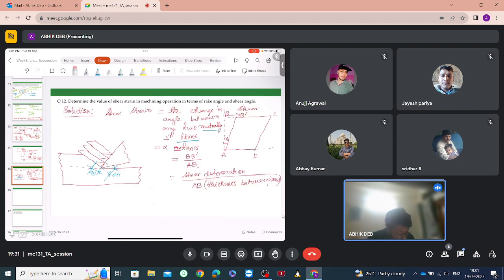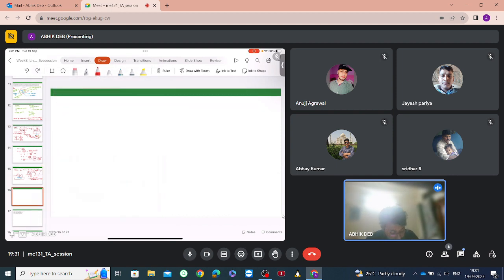So if we enlarge this triangle, then we will get something like this, where this is phi, this value let us denote as A, this is B, this is B dash.